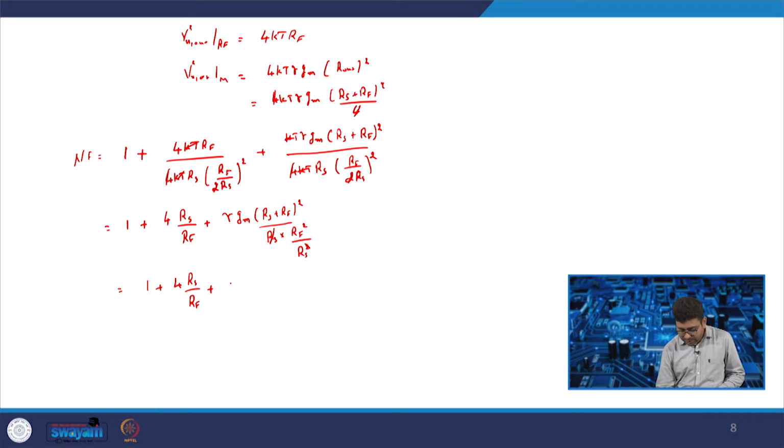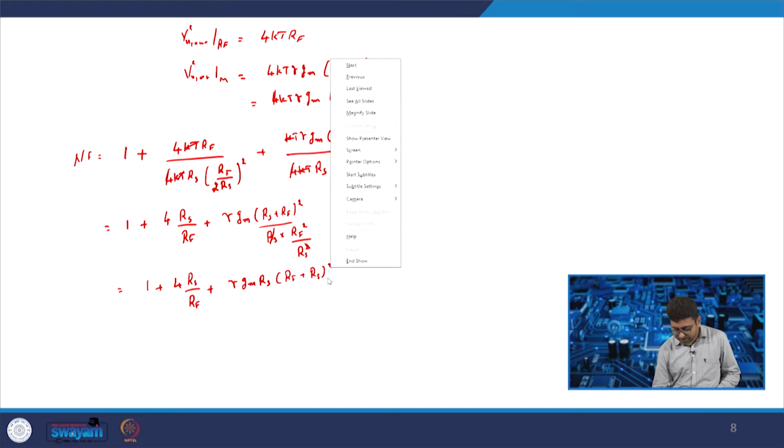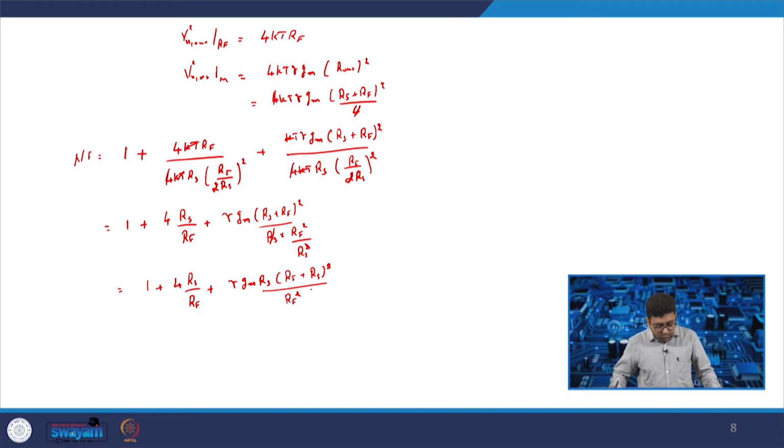plus gamma gm RS into RF plus RS square by RF square. If we try to neglect one of the terms, still we have a noise factor equal to 2, and in terms of dB it is more than 3 dB.